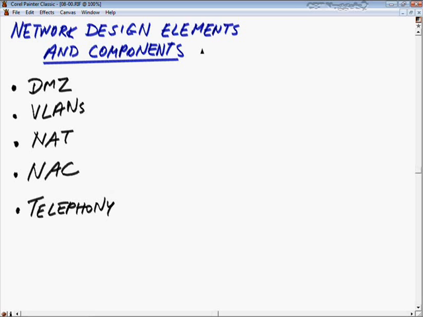Then we're going to look at NAC. We'll break down that acronym for you. And finally, telephony, and what role does it play in your network infrastructure as it relates to security? Let's look at these 5 interesting topics.